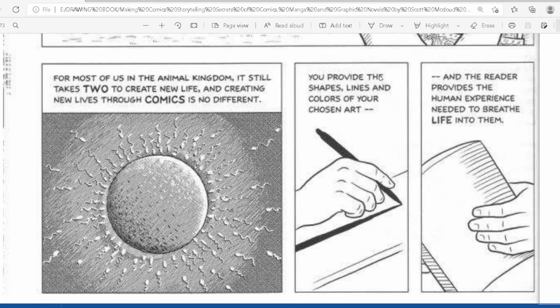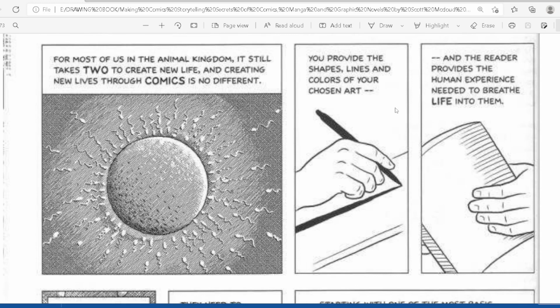You provide the shapes, lines, and colors of your chosen art, and the reader provides the human experience needed to breathe life into them.